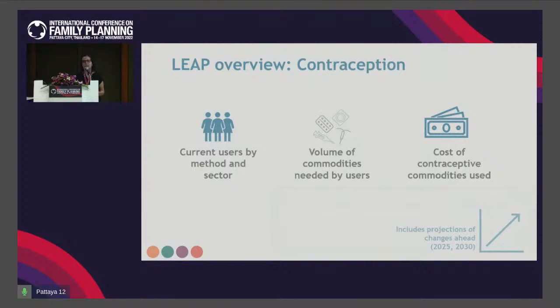In LEAP, we look at current users of contraception by method and sector. We estimate the volume of commodities that those users will need, and then we apply price points to estimate the cost of those supplies. The report also includes projections into the future at 2025 and 2030 endpoints, though for the purposes of what we look at today, we're going to look at the current spending estimate.